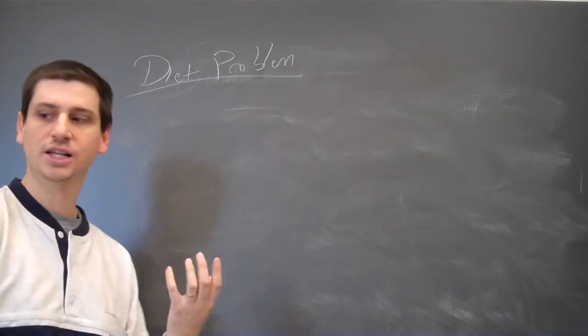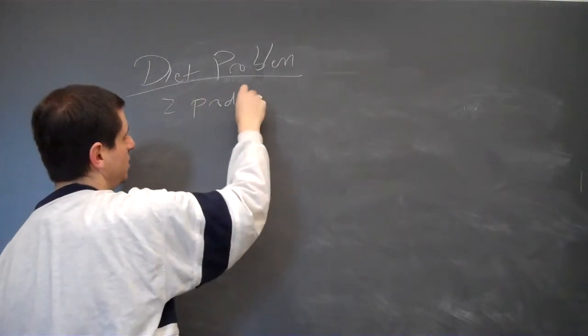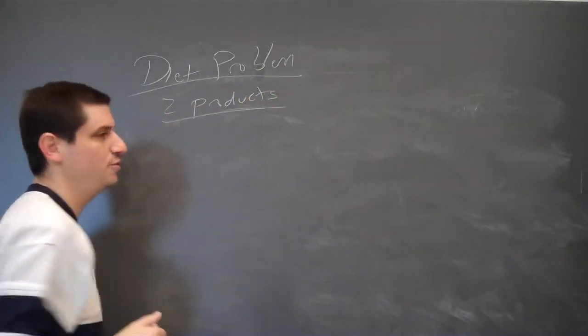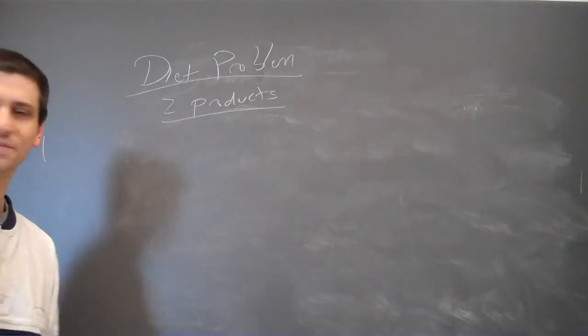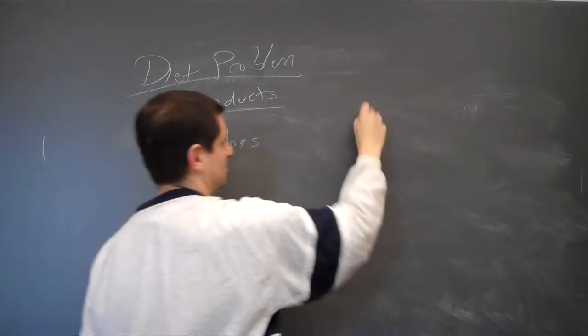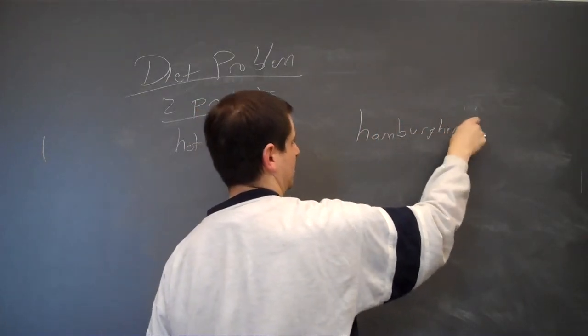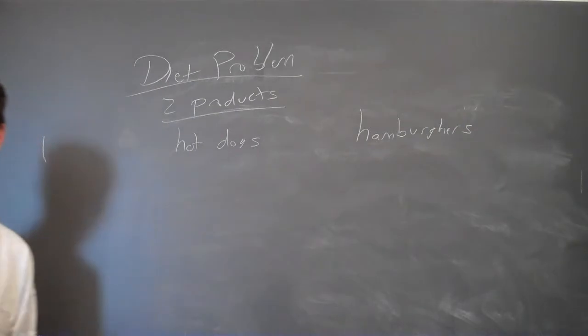So for simplicity, let's assume there are two products. And I don't care what the numbers are. Anybody want to give me two foods they like? Hot dogs and hamburgers. And I need two nutrients.